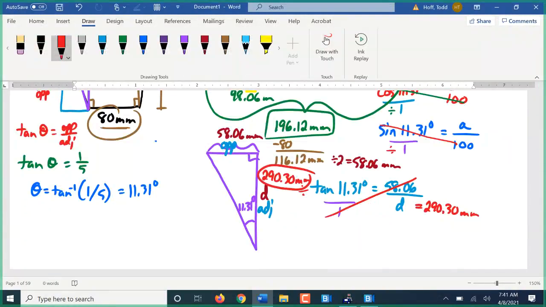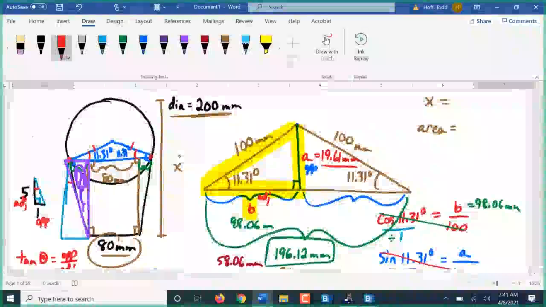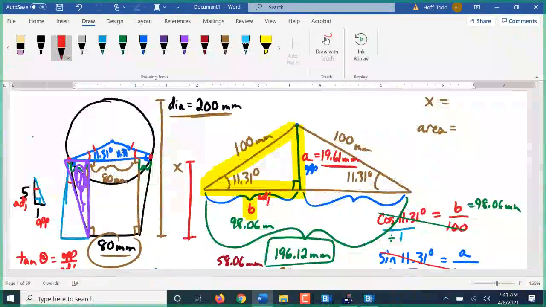So at this point, I have all the information I need to find the dimension x. I'm going to cut x into 3 pieces. This piece here is what I just found, 290.30 millimeters. The next little piece, from here up to the center of the circle, is what I had over here, 19.61 millimeters.